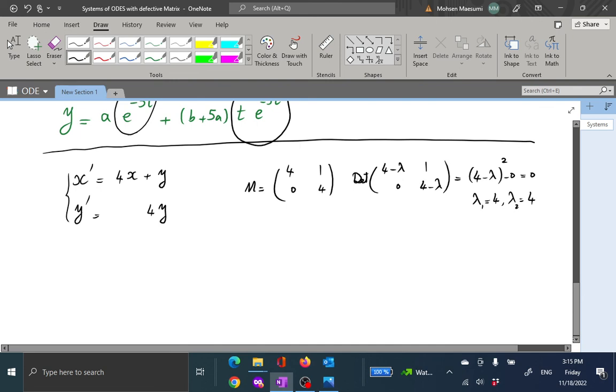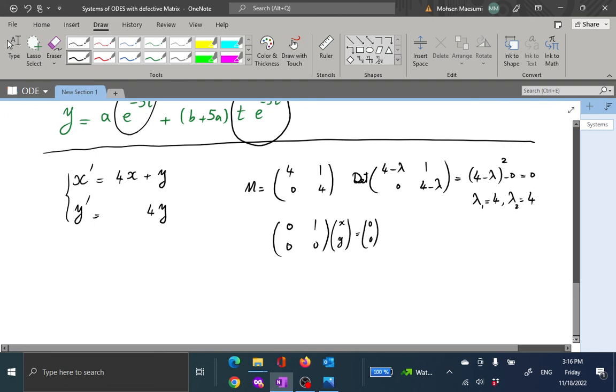So when I want to figure out the eigenvectors, 4 is same as 4. When you put it back into this matrix, you get what? 0, 1, 0, 0. Okay, so you take the lambda, put it in this equation, and then you are trying to find the eigenvector of it, times x, y, and you want to get 0 out of this.